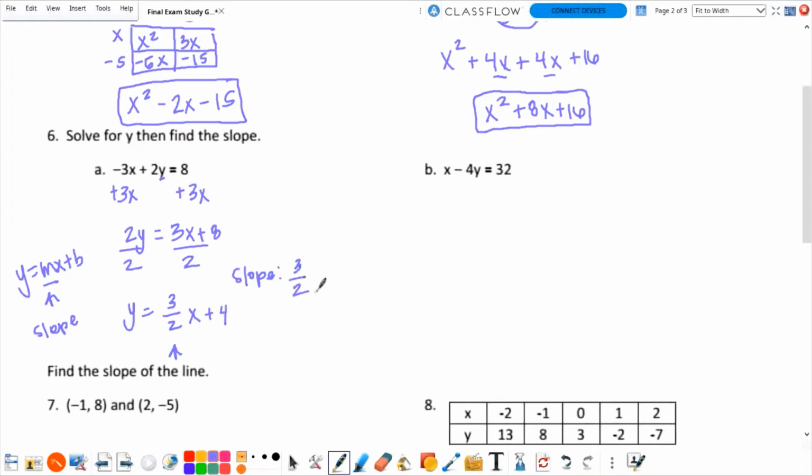All right, we'll do the same thing for b. So we're going to start by getting rid of that x. So we're going to subtract x. And now we divide by negative 4.